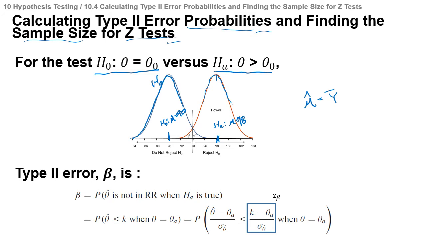So type 1 error alpha would be the probability of rejecting H0 given H0 is true.